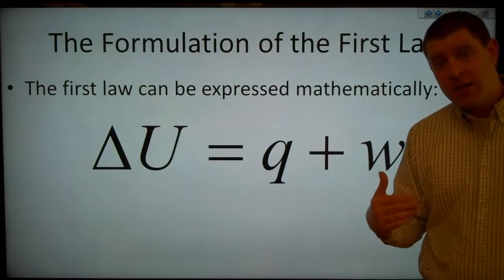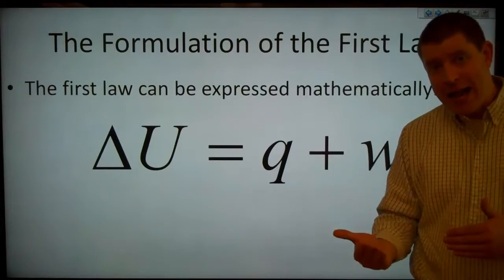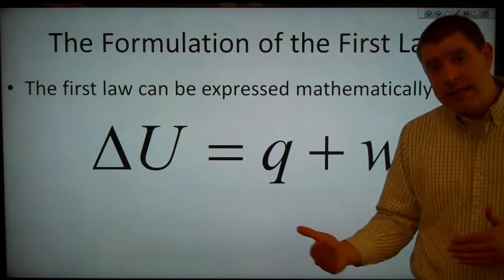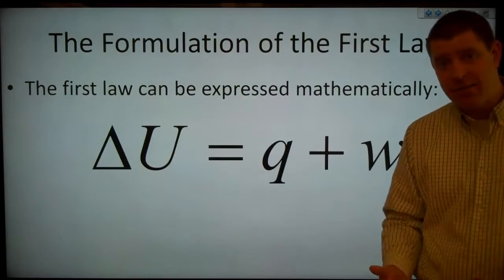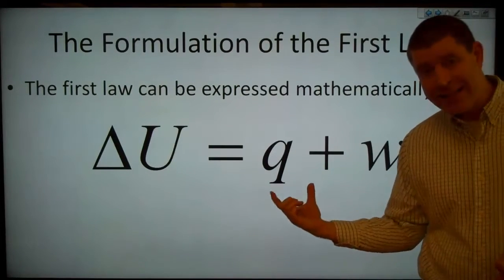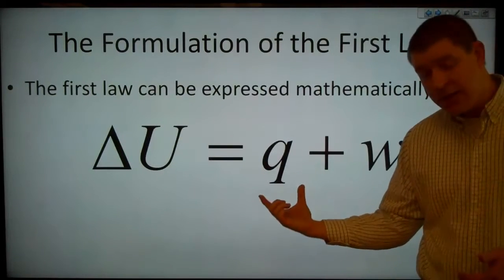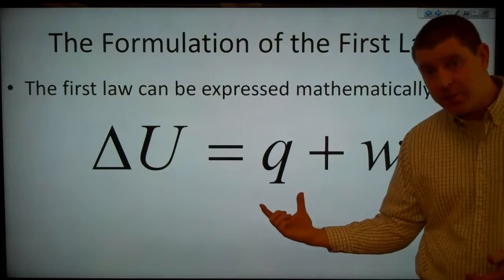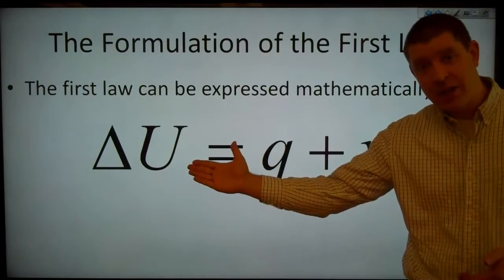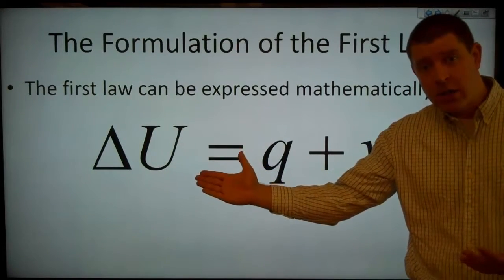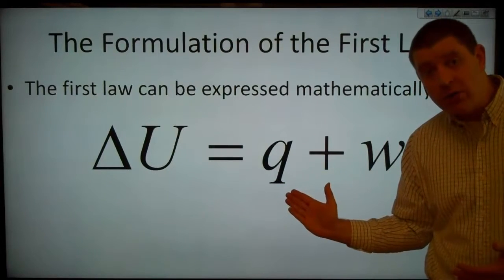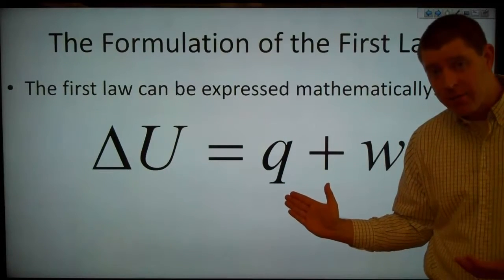If the system is releasing energy as heat to the surroundings, then the heat absorbed by the system is negative, and Q is negative. That makes sense because if the system is losing energy as heat, then its internal energy has to be going down.